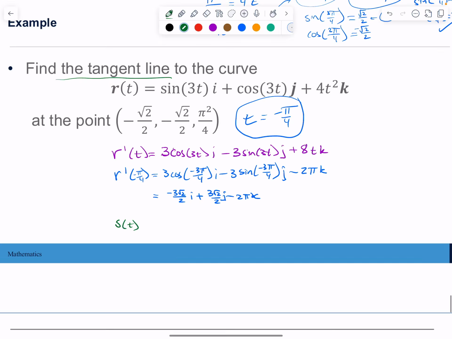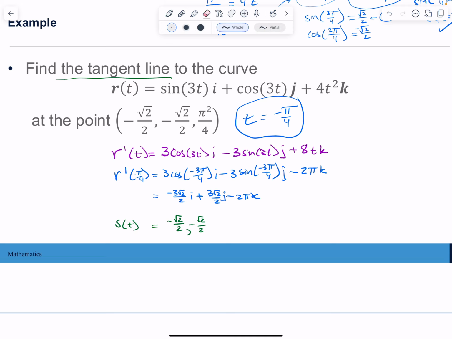But anyway, you just take that point. Oops, let's make this a vector. And then the direction.